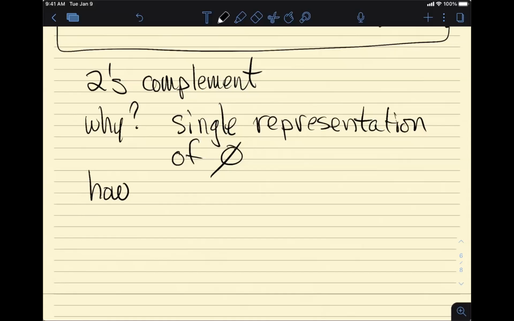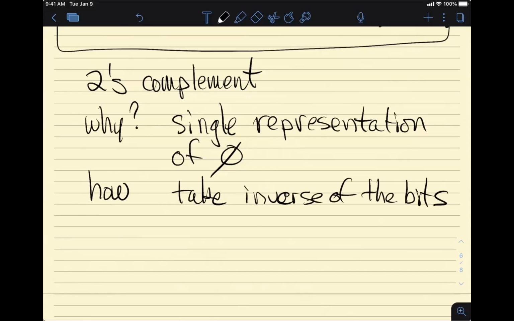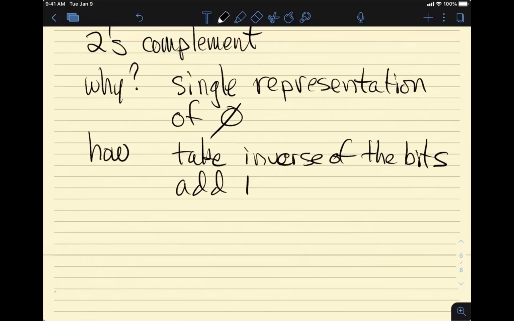So you take the inverse of the bits. You flip the bits and then add 1. Let's look at an example. So here's +1. The first step is to take the inverse of the bits.